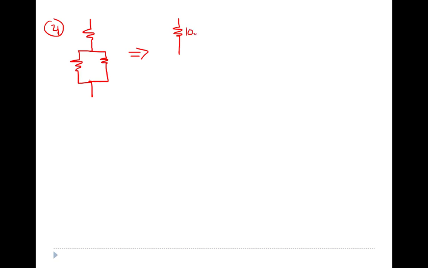Keep that original 10 ohm resistor, that's this guy copied over, and I'm going to combine these 2 in parallel. And now I can combine all of this in series, calculating the parallel combination first.